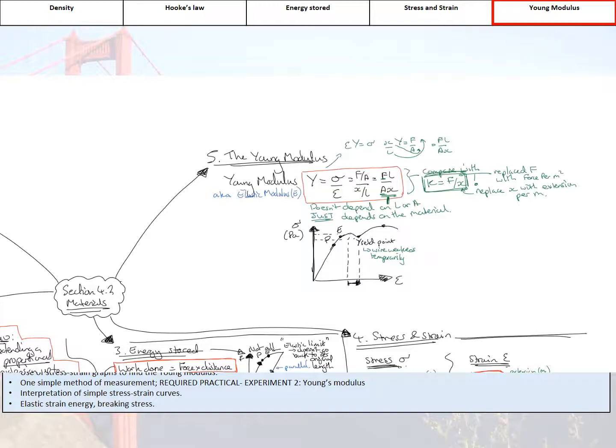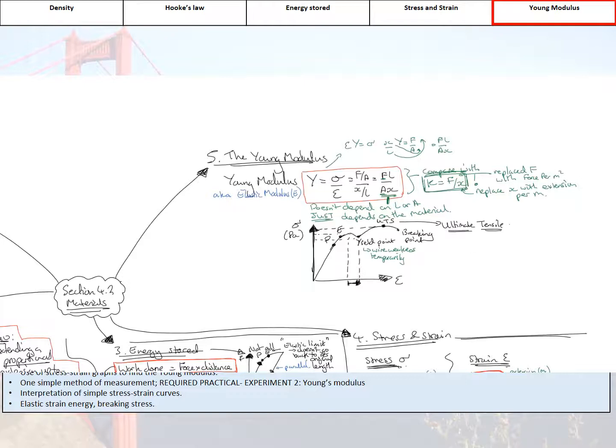Next, up here, we've got something called UTS. And that's the largest stress, largest value on the stress axis before the wire breaks. This is the breaking point. And it's called the ultimate, i.e. the largest, tensile, which means under tension as opposed to compressive stress, which would be if you were trying to squash something like a column.